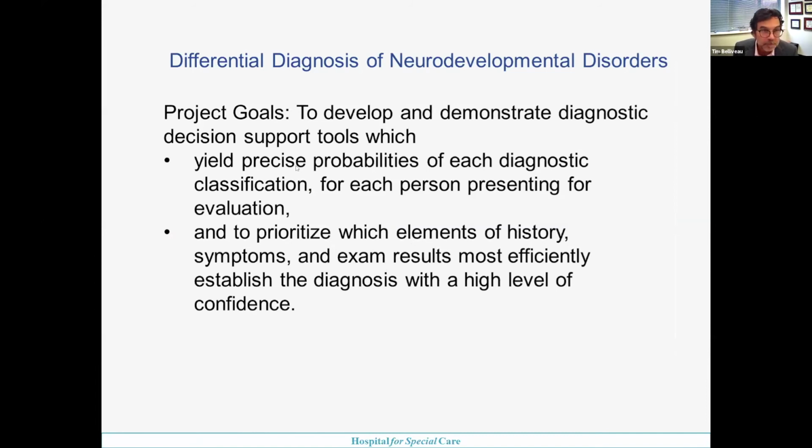So our goal in this project, which is a working project still in progress, is to develop a diagnostic decision support tool to help us improve accuracy of diagnosis of autism and other neurodevelopmental conditions, and in the process to identify which elements of the history, symptoms, or test results most efficiently establish the diagnosis with a high level of certainty.